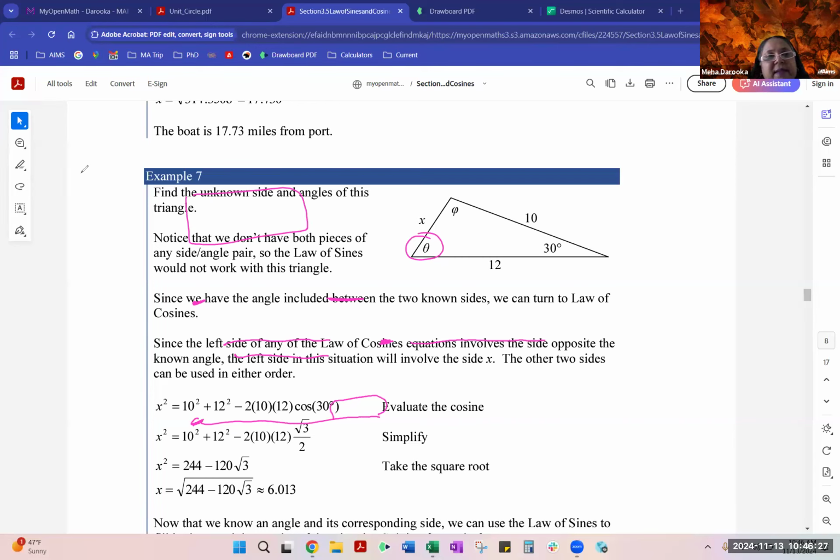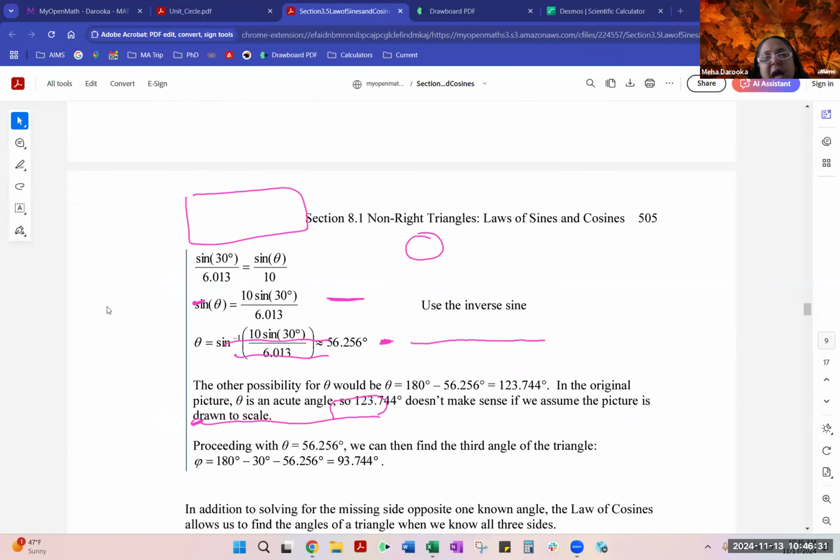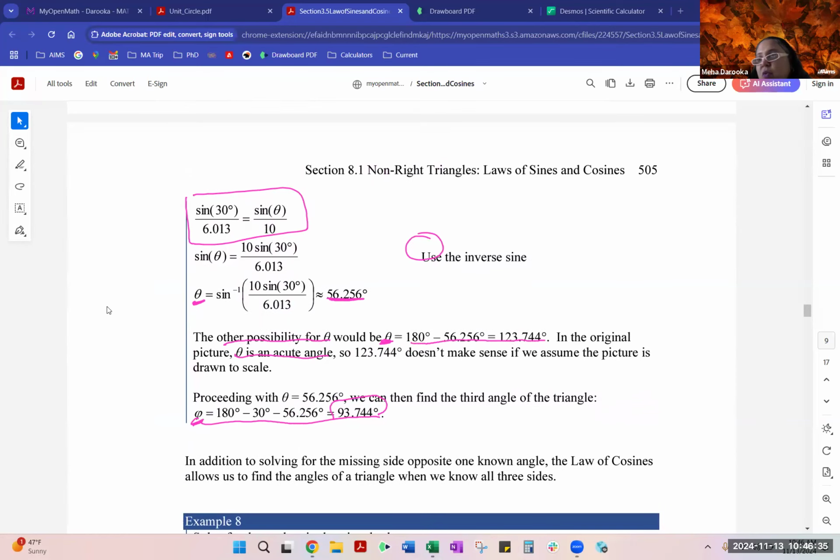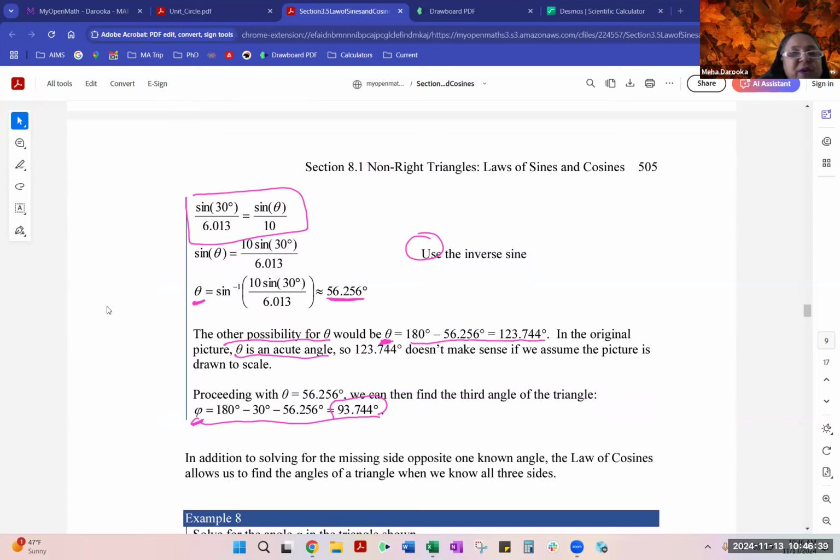Remember when we did our Try It Now number 1, we talked about how, since we didn't have an image to go with the triangle, we wouldn't know what the appropriate answer would be. But in this example, since we do have the image of the triangle, we can say this angle does not make sense, so you discard this answer.